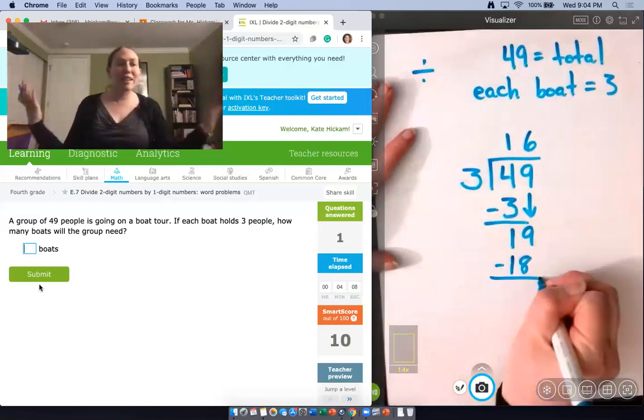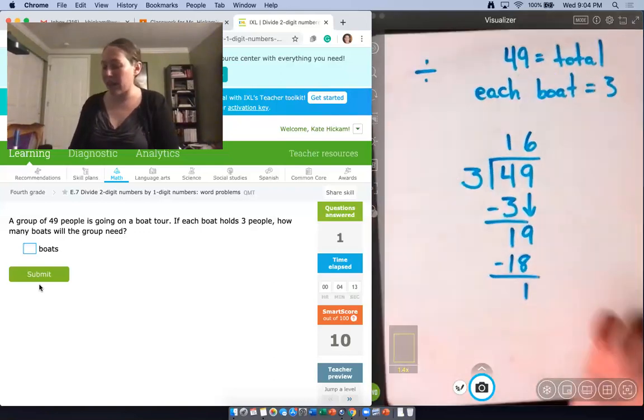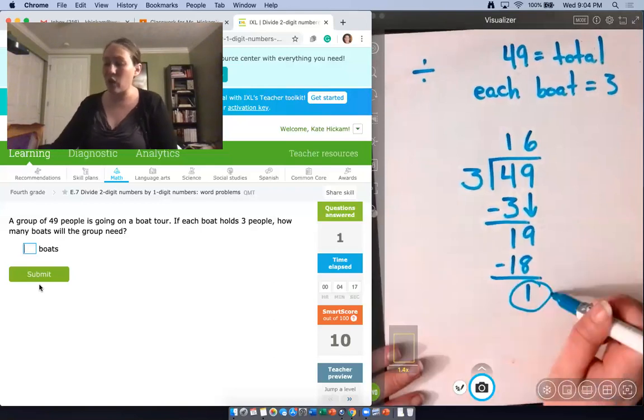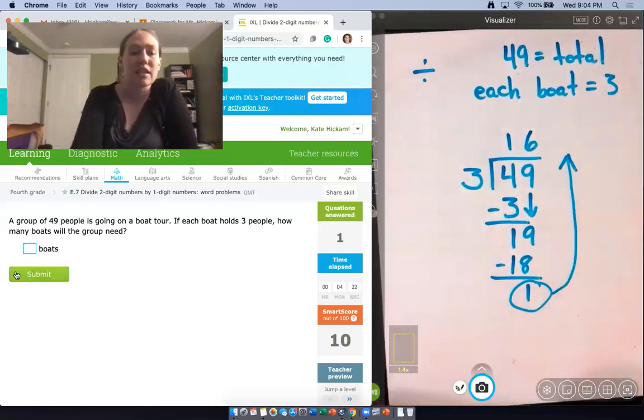So I'm not going to just leave one person behind. That wouldn't make sense. But that means that that remainder has to go somewhere. It can't just leave one person behind. So we're going to need 17 boats.